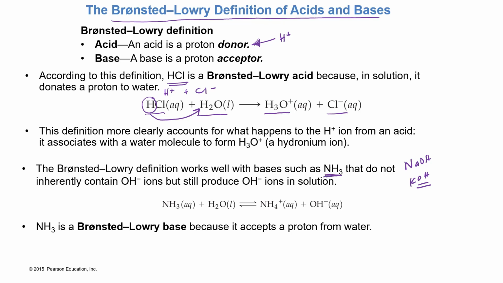You can't see the hydroxide with ammonia, because when you put that in water, ammonia is a base because it will take an H from the water, leaving hydroxide behind. If you take the H away from water, we end up with an OH left behind, and that's how it is a base. So this is now a good definition for compounds that previously might not have been classified as a base, but still behave like a base in water, because it does produce hydroxides, just not in the direct way.